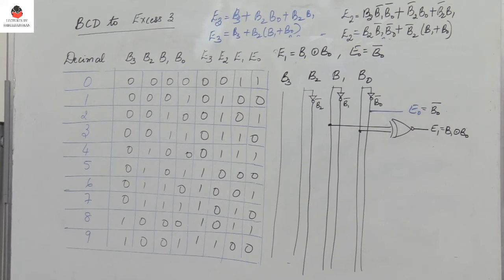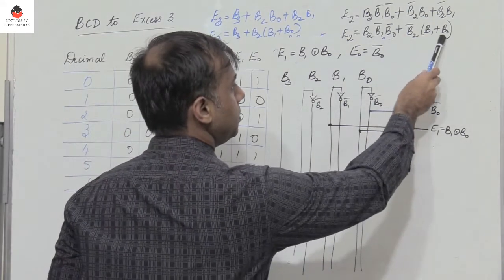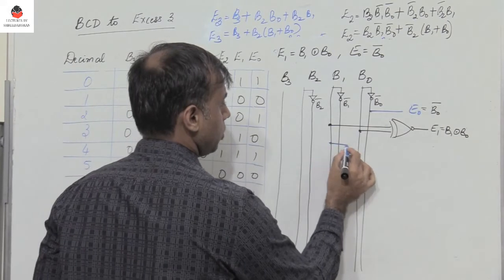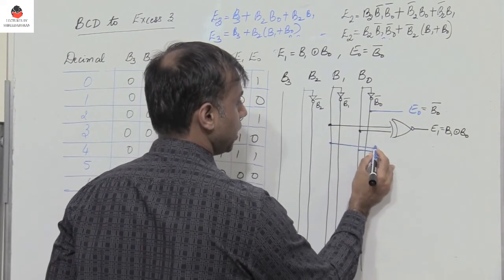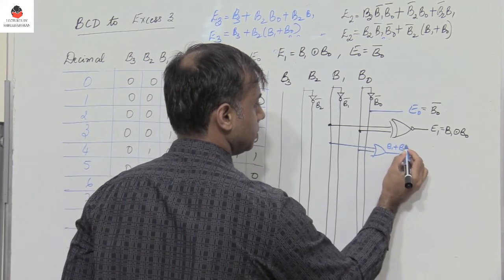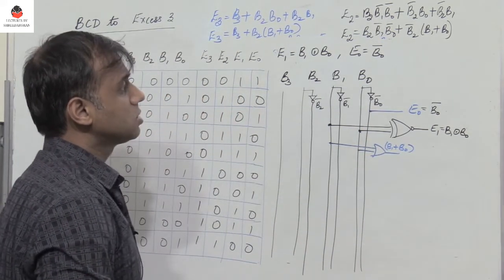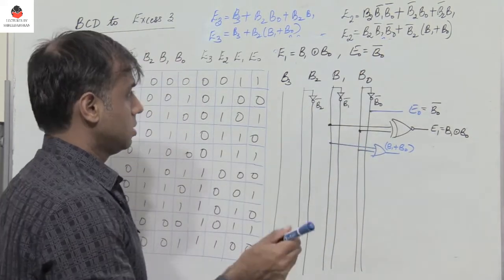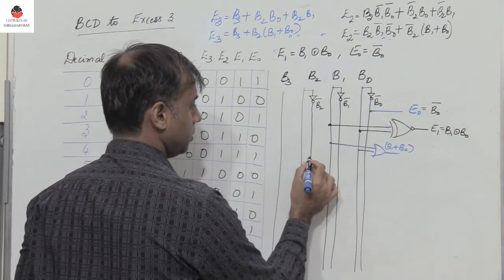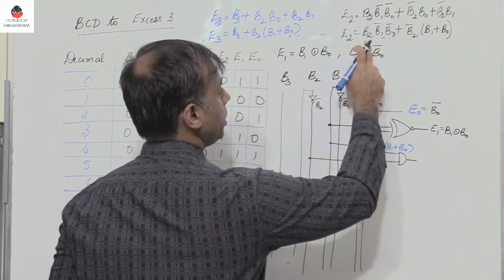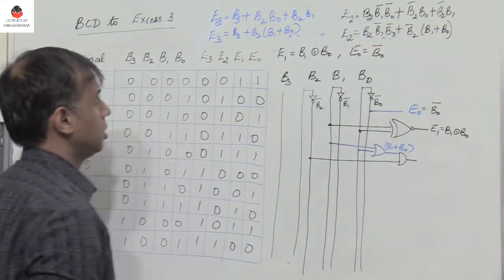Next, we need to find E2 and E3. To find E2 and E3, here I need B1 plus B0. So we take B1, B0, pass both of them through an OR gate. So this is B1 plus B0. Now this is passed through a NAND gate. So I have B2 bar, pass it through an AND gate, and then we need B2, B1 bar, B0 bar.